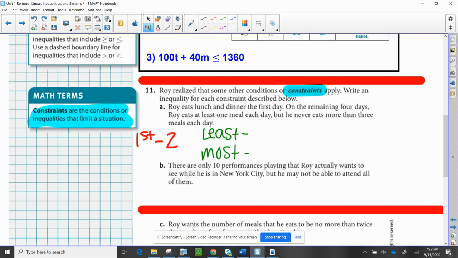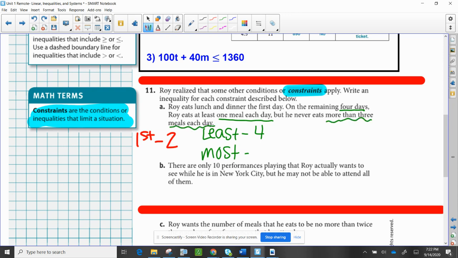So on the remaining 4 days, Roy eats at least 1 meal each day. So if he eats at least 1 meal each day for 4 days, that's a minimum of 4 meals for those 4 days, right? He has 1 a day for 4 days. But it says he never eats more than 3 meals each day.